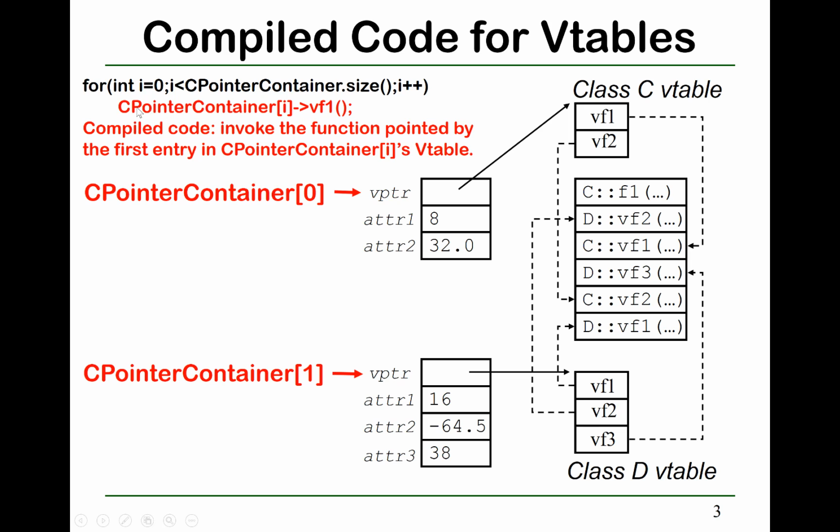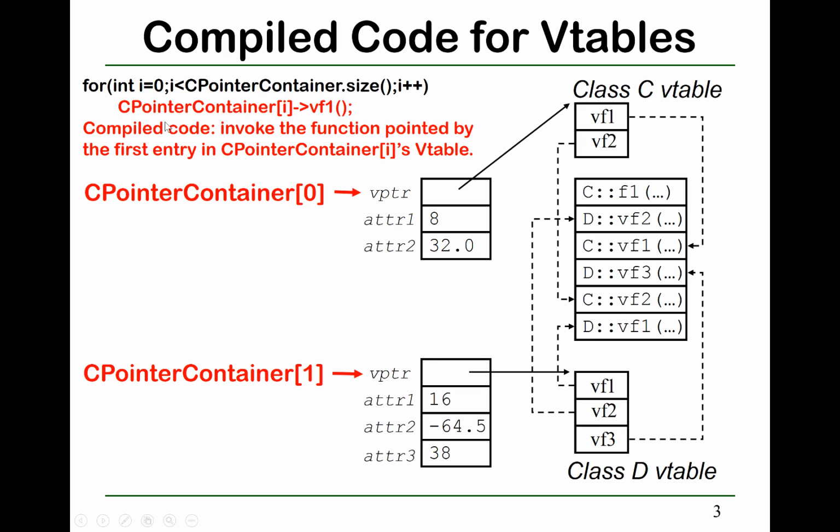When a pointer in this container points to a class C object, then the class C implementation of vf1 is called. And when a pointer in this container points to a class D object, then the D implementation of vf1 is called.